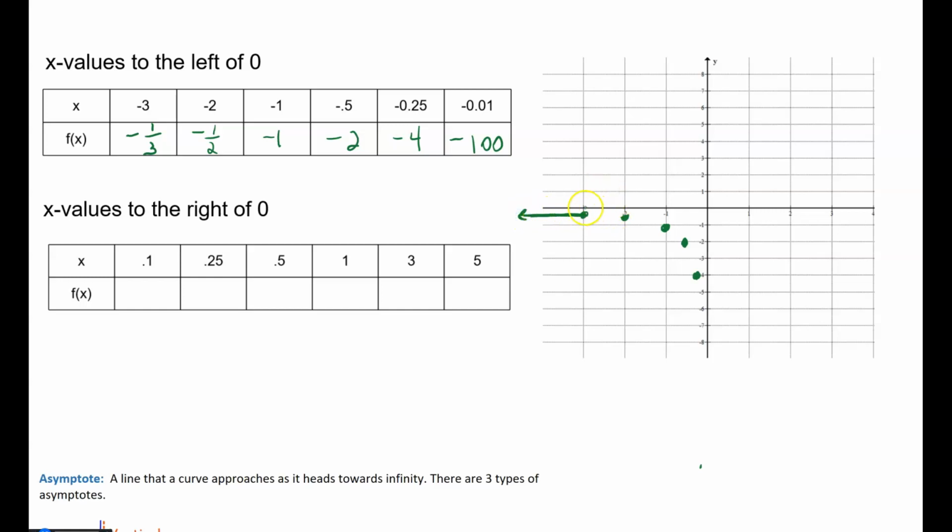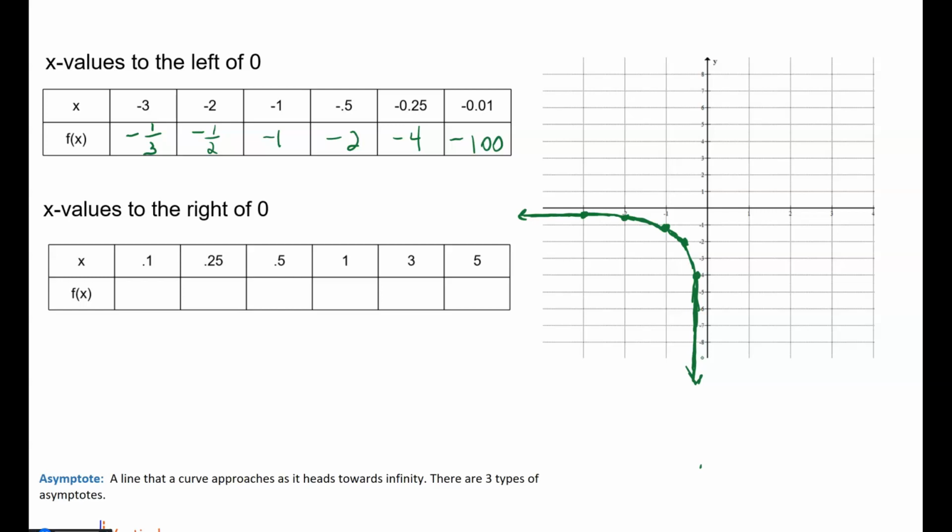We don't have any x values that would allow for y to be 0. Let me go ahead and connect these here and over here. Okay. All right, so that's what's happening as we approach 0 from the left.